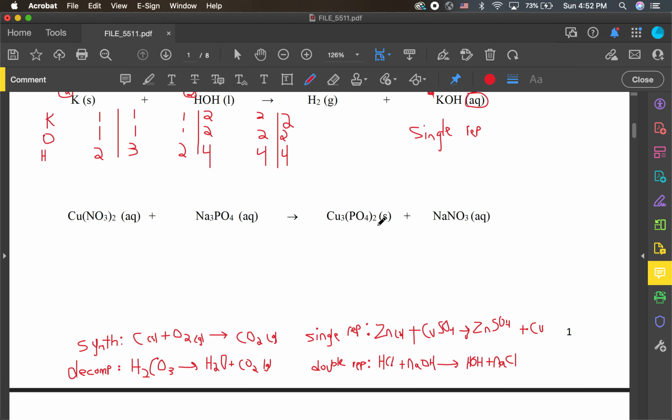So you see this copper here is here, but it's paired up with this guy, and then the sodium right here is paired up with this guy. So that's going to tell you this is a double replacement reaction. This one's going here, and this one's going here. They're trading places. So we'll just write double rep here.